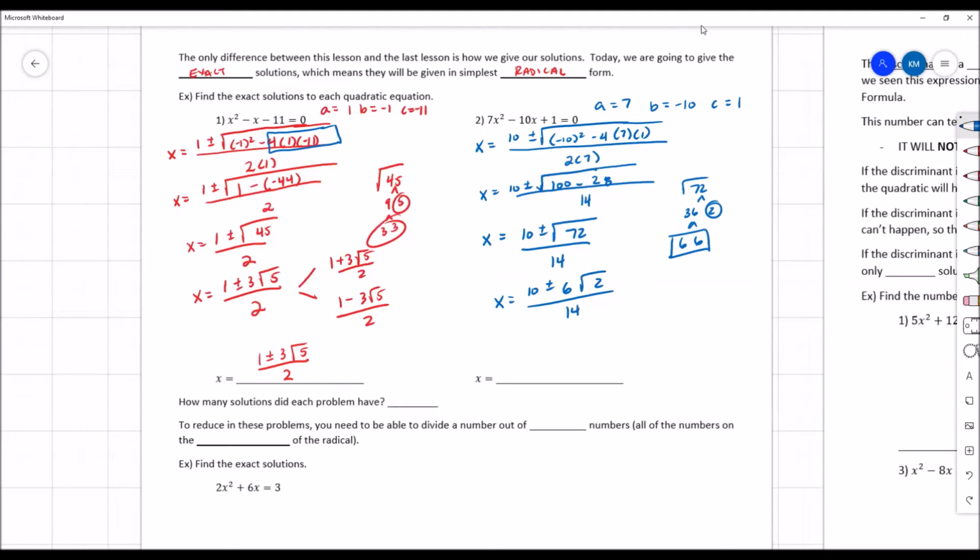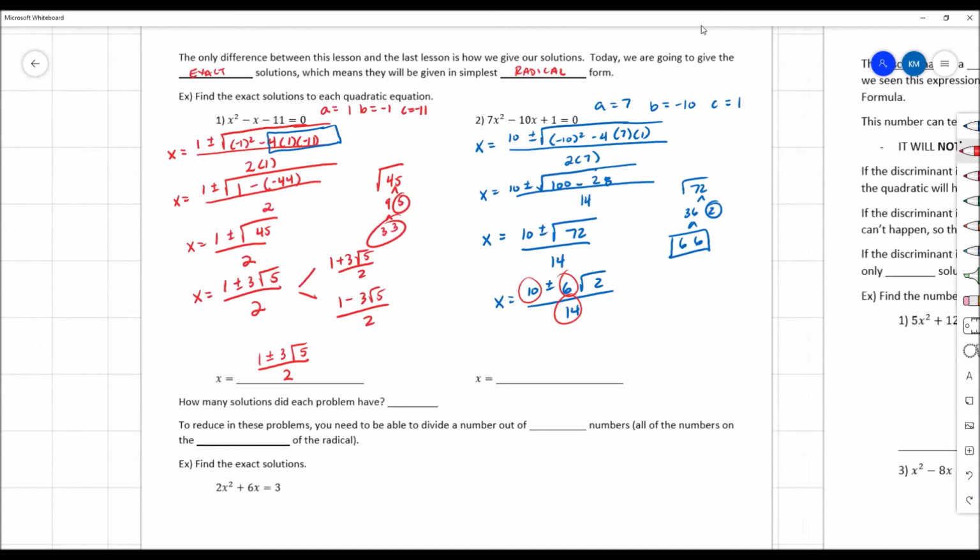As I'm looking here, splitting these apart won't necessarily help us simplify it further. So we don't need to split it when we're left with a radical like this. But we can simplify if our numbers on the outside have common factors. Remember our rule with radicals is inside by inside, outside by outside.